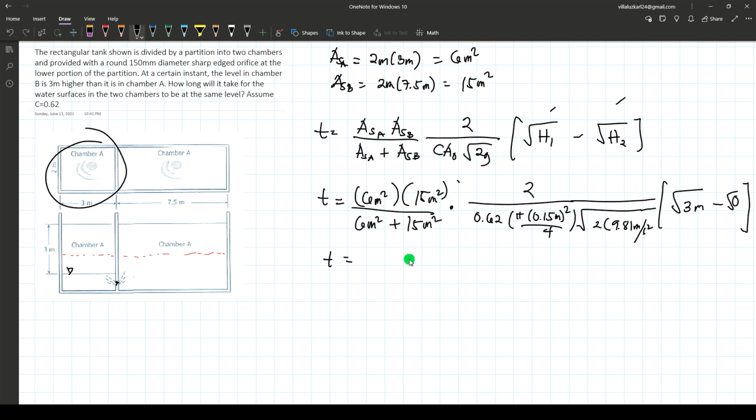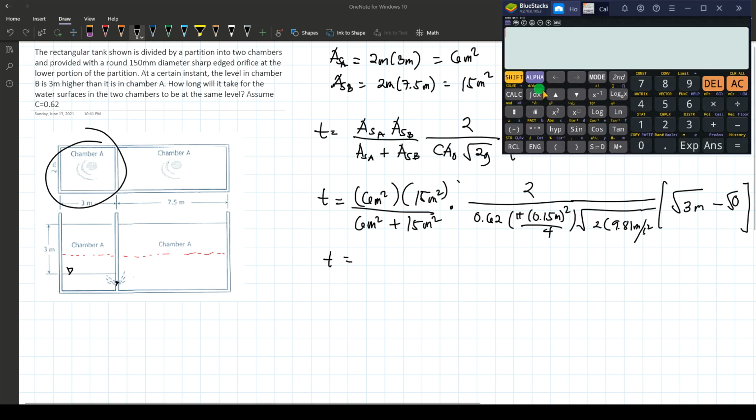So let's compute this now. Okay, so 6 times 15 over 6 plus 15, times 2 over 0.62, times the square root of 3.